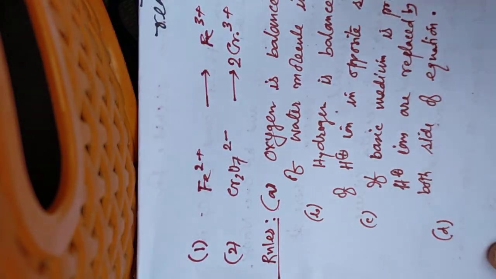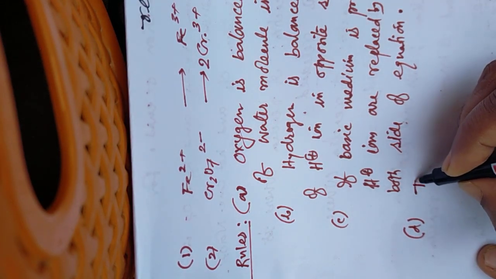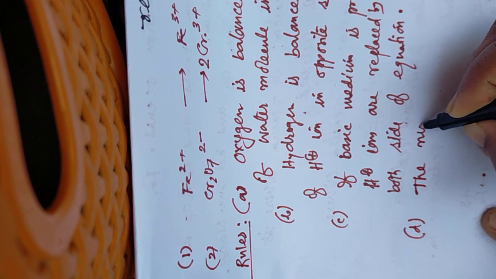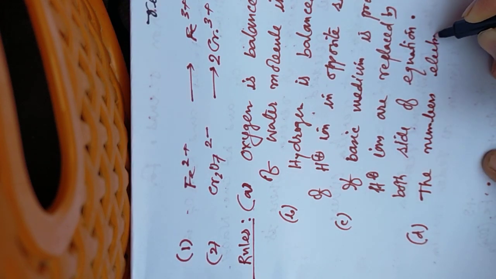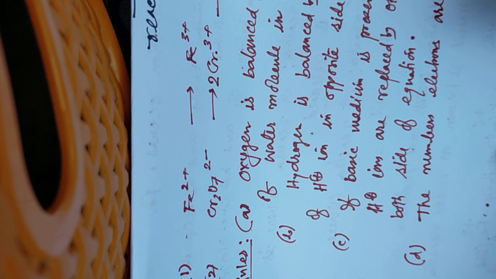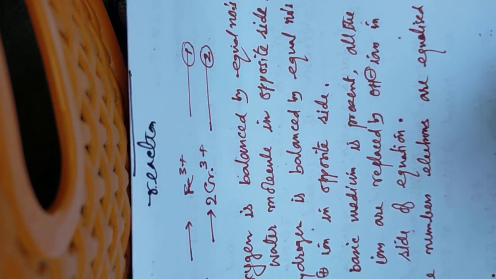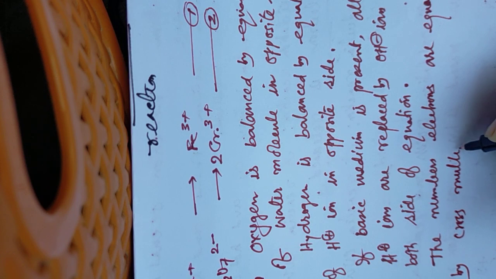Rule D: the number of electrons are equalized by cross multiplication.